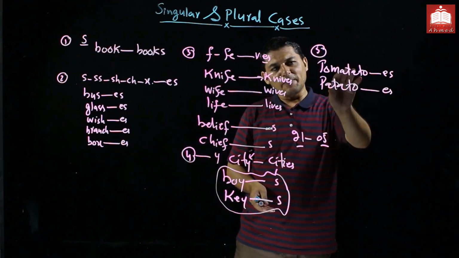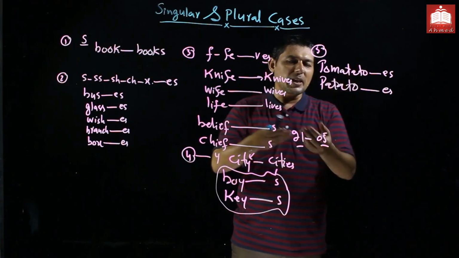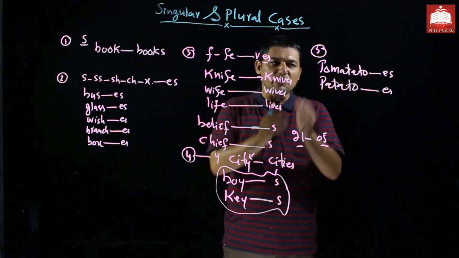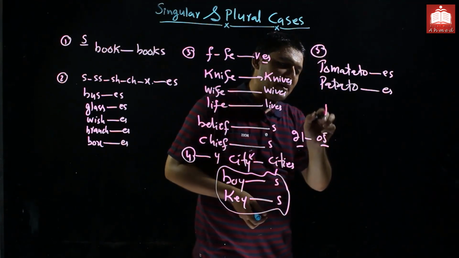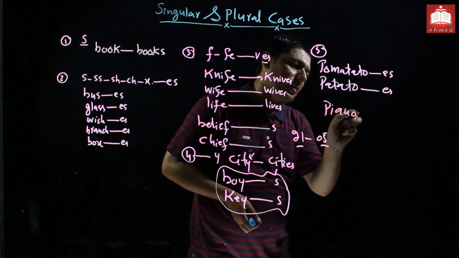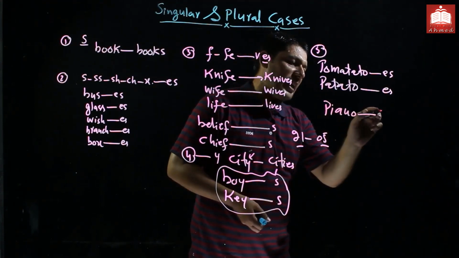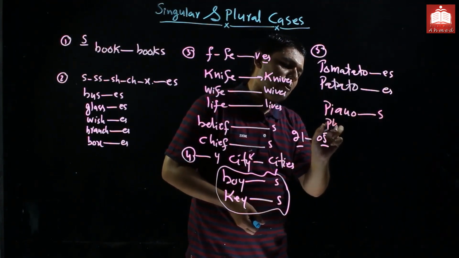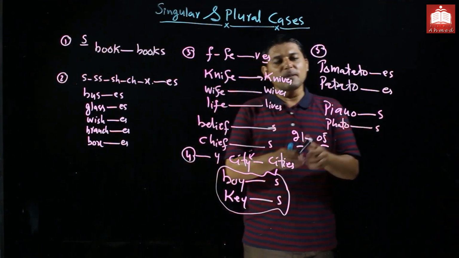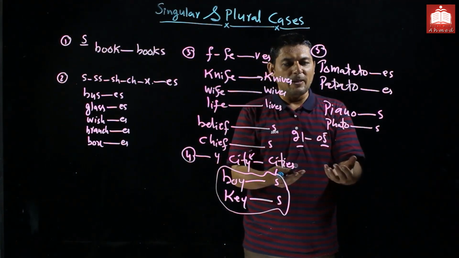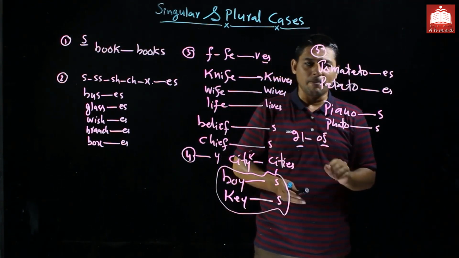Clear? But apart from these two examples, we have certain cases where this formula is not applied. Exception cases we have. One exception case is piano, only s, and then photo, only s addition. Apart from these two examples, we have more examples where this formula is not applied.